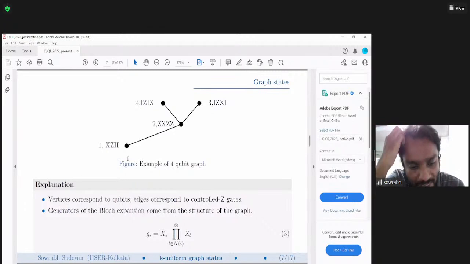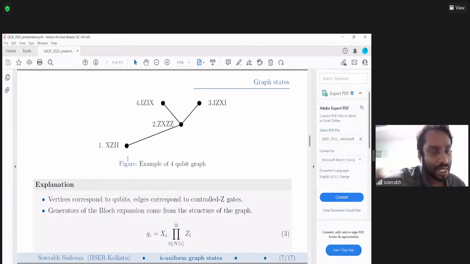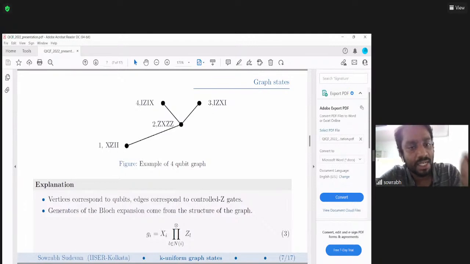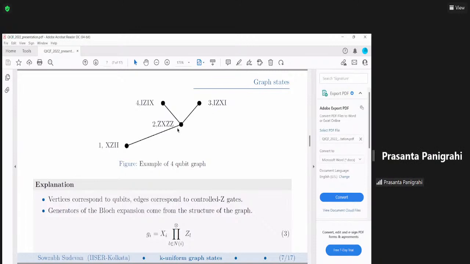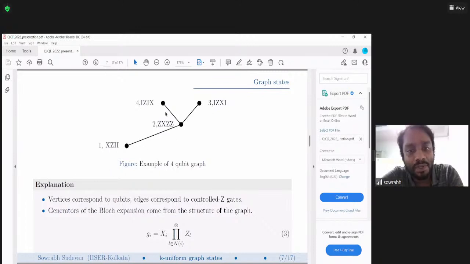To construct a 4-qubit stabilizer state, you need 4 generators to produce it, and there's 1 generator per vertex. The generator at the first vertex has a sigma X acting at the first qubit site, and sigma Z wherever the first qubit is connected to. Similarly, 2 is connected to 1, 3, and 4, so it has Zs everywhere.